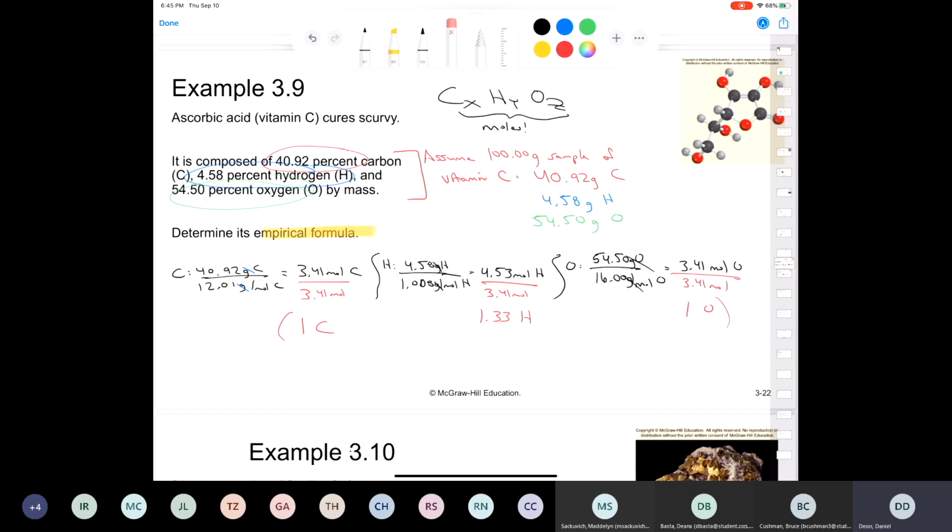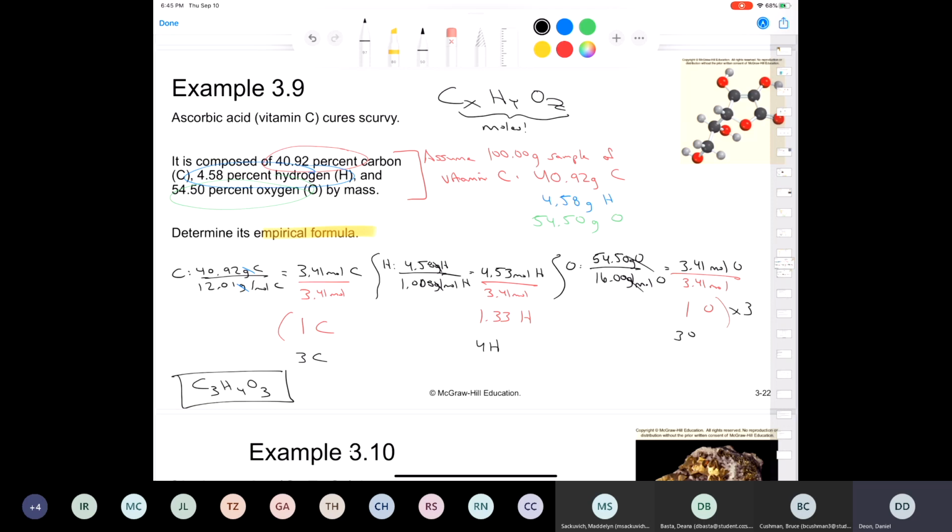So if I multiplied all of these numbers by 3, I would end up with 3 carbons, 4 hydrogens, and 3 oxygens. That would give me this formula, C3H4O3. That is the empirical formula of vitamin C, or ascorbic acid.